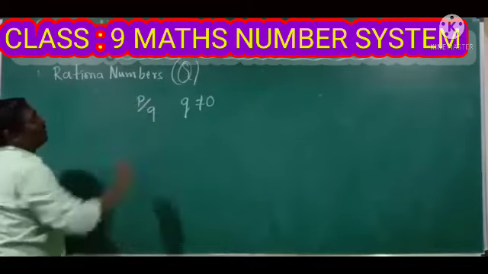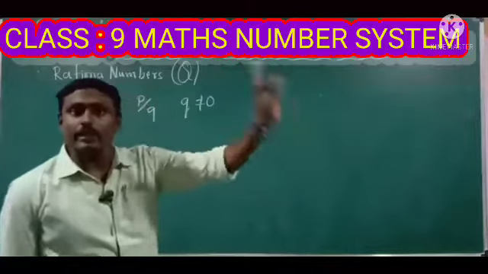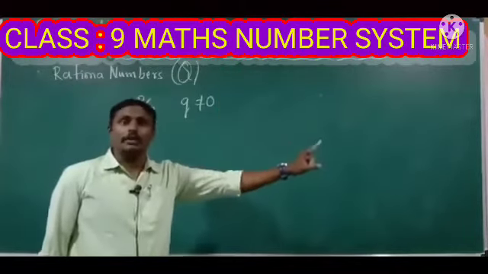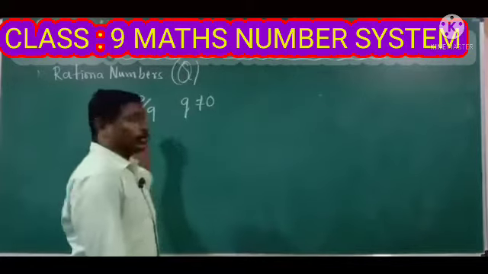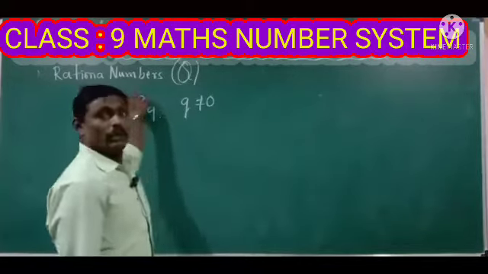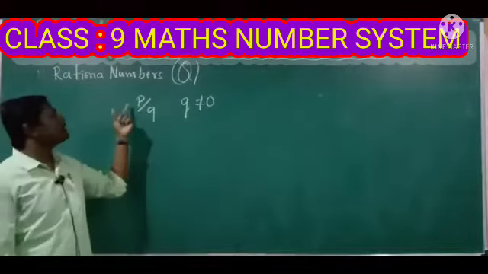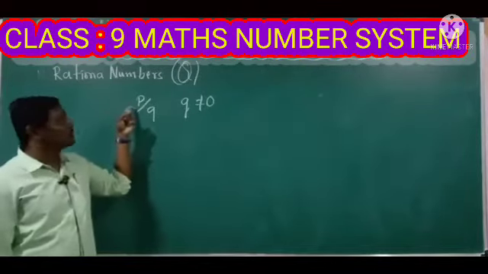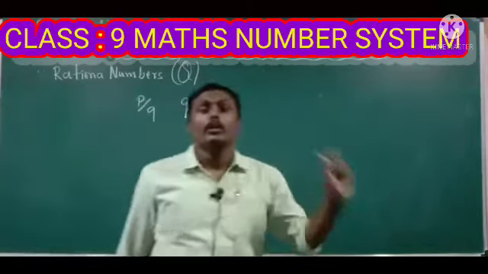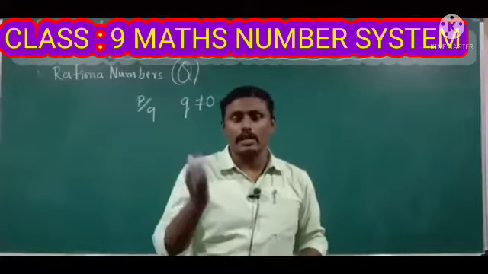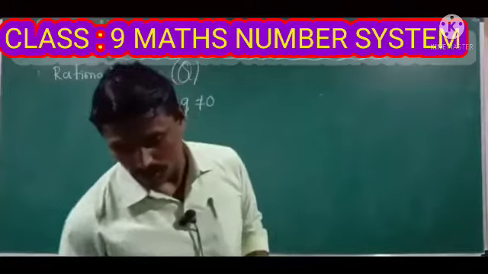Then what about the values of P and Q? P, I am telling only about P, may be positive or negative or 0 also, right? It means we can directly say P is an integer. P is a collection of the integers. It has positive values, negative values and 0 also.